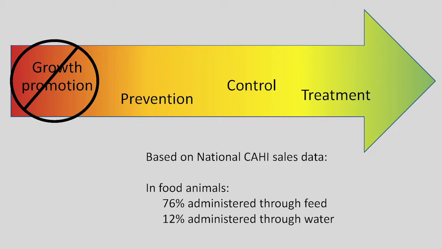Based on that sales data, what we know is that 76% of the antimicrobials administered are through feed and 12% are administered through water. So that's how we're getting those category 2s and 3s into those animals. There is, I'm going to say, 150 pages worth of detailed analysis on antimicrobial use in the broiler industry, the turkey industry, and in grow-finished swine that's published by CIPARS, the Canadian Integrated Program for Antimicrobial Resistance Surveillance group.